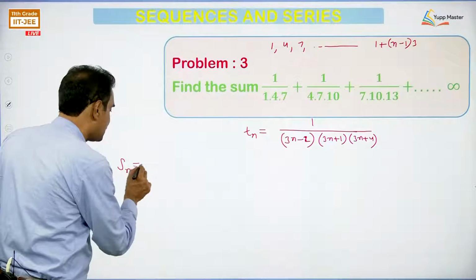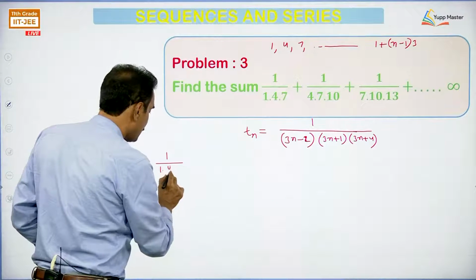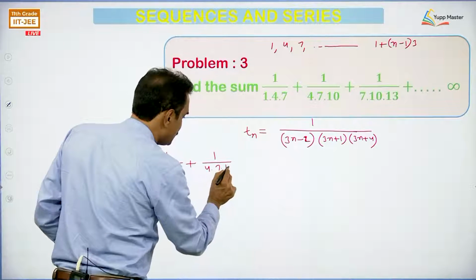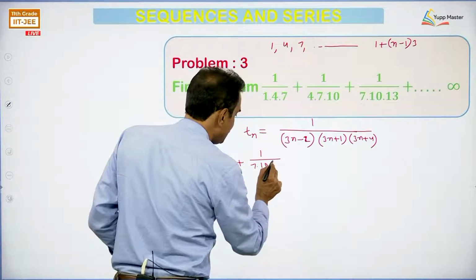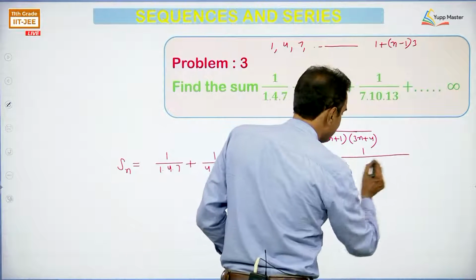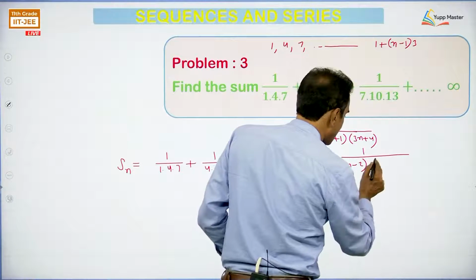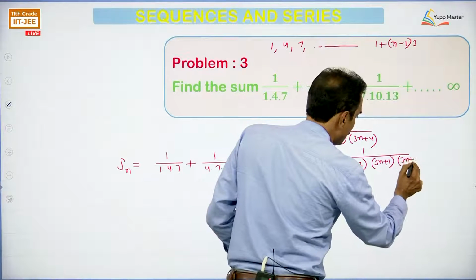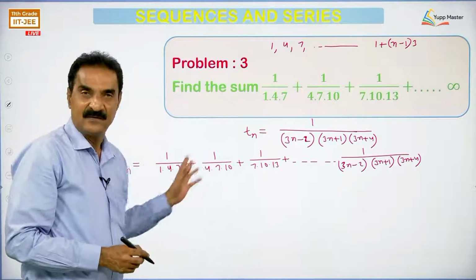First you write Sn is 1 by 1 into 4 into 7 plus 1 by 4 into 7 into 10 plus 1 by 7 into 10 into 13 and so on. Nth term 1 by 3n minus 2 into 3n plus 1 into 3n plus 4. Alright. We should multiply by 6 and divide by 6.